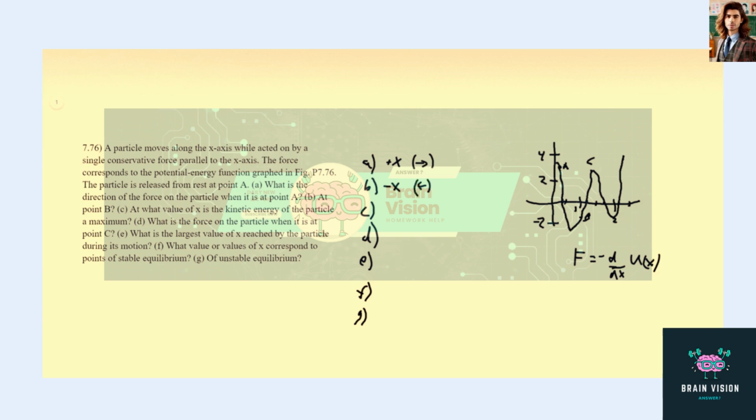C, at what value of x is the kinetic energy of the particle a maximum? This is an energy conservation problem. Here is a graph of the potential energy function. If we have a conservative force acting on it, we have conservation of energy.